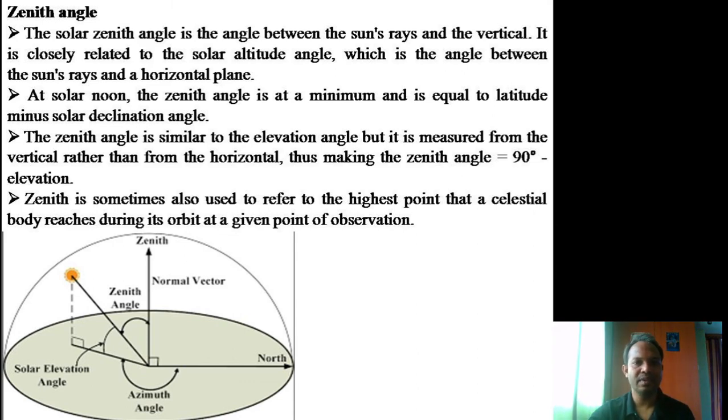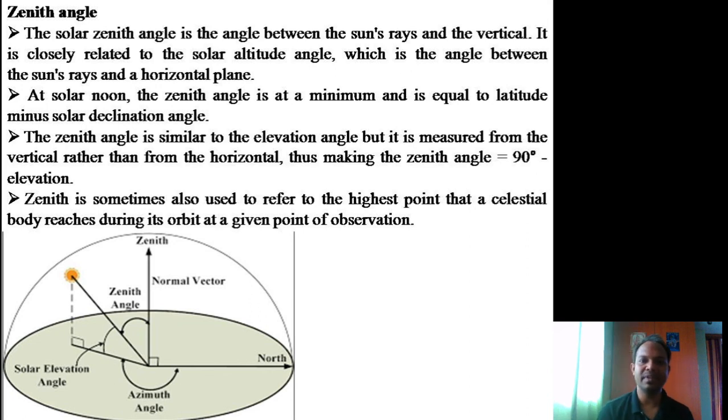At solar noon, the zenith angle is at a minimum and is equal to latitude minus solar declination angle. So at noon, that means exactly at 12 o'clock, the zenith angle is at a minimum. Obviously, when the sun comes directly above, the surface will be perpendicular.